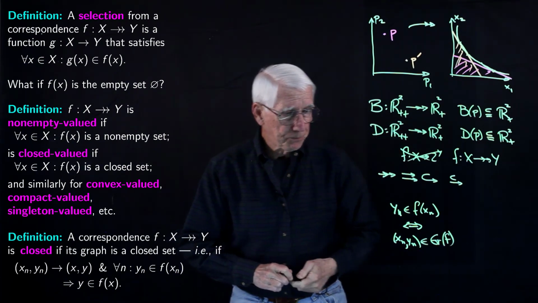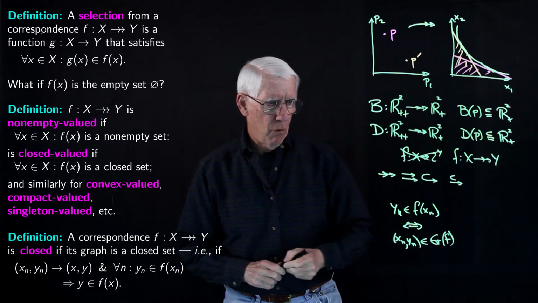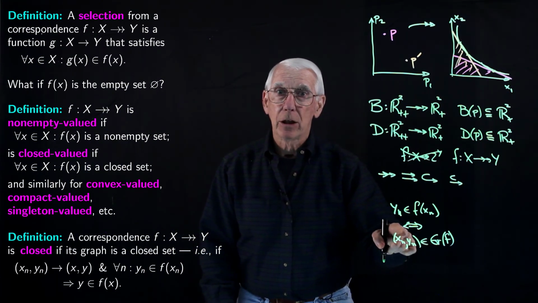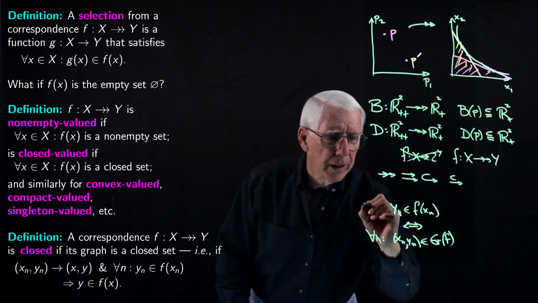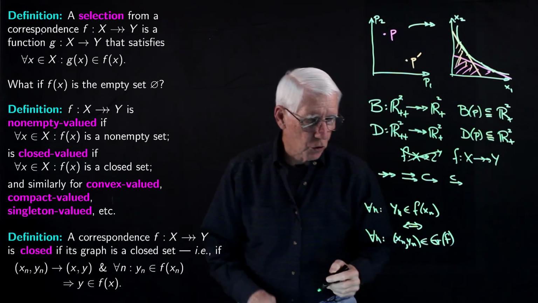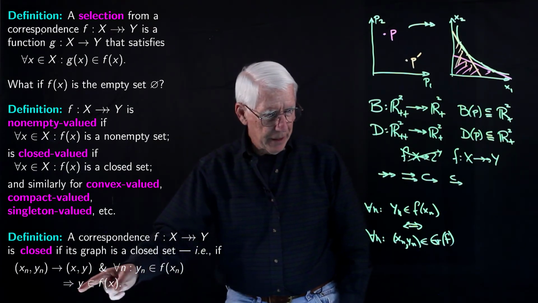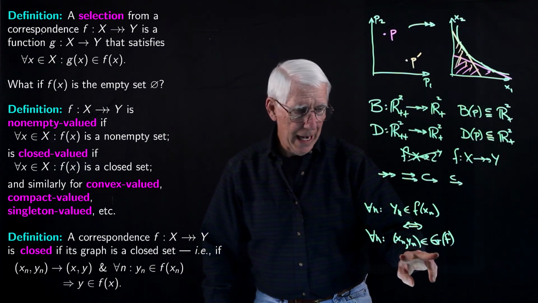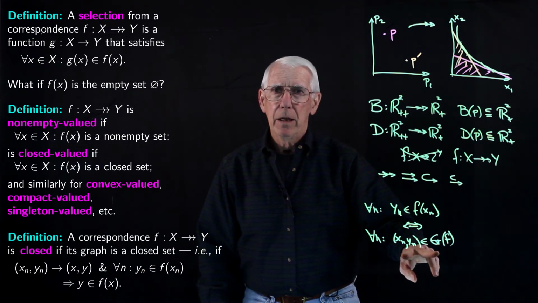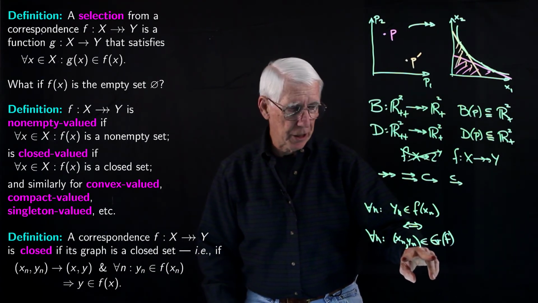And so this looks a lot more like what we would say for a closed set. And we have, of course, the universal quantifier in front of each one of these. So this statement down at the bottom, we could replace with this, and it might be a little clearer that this is saying the graph of f is a closed set.